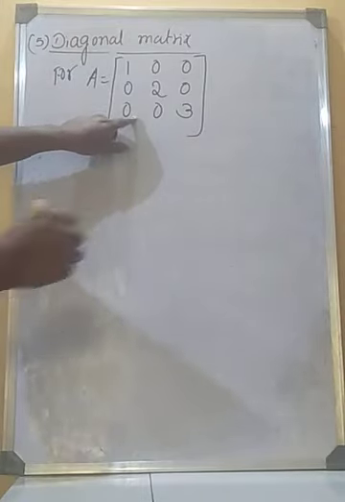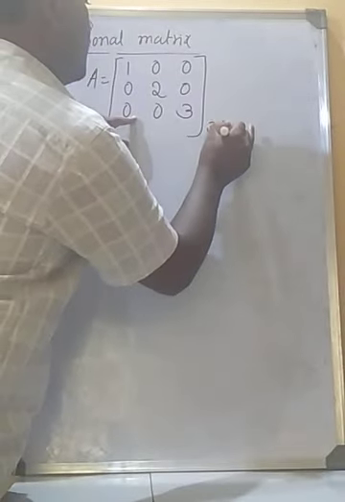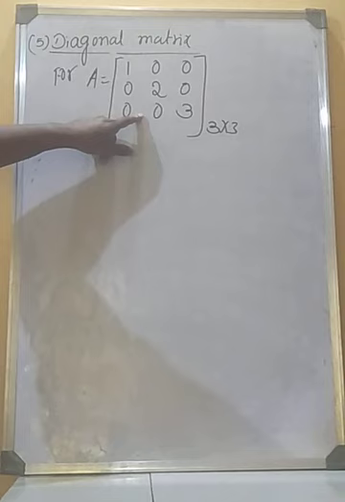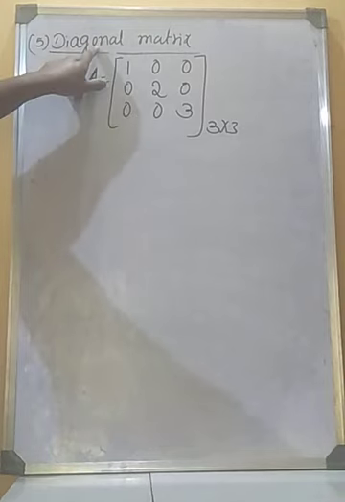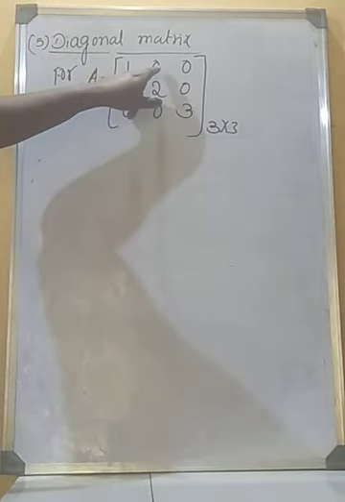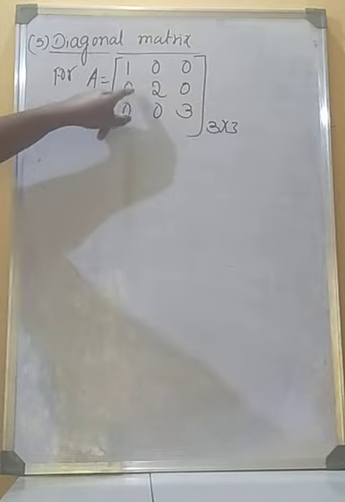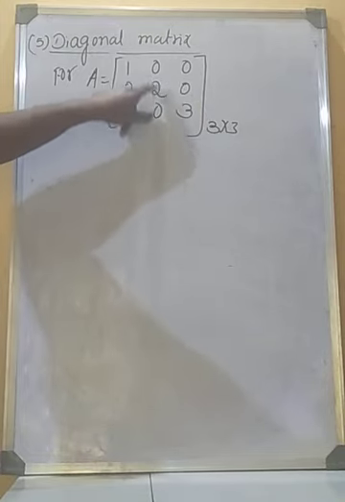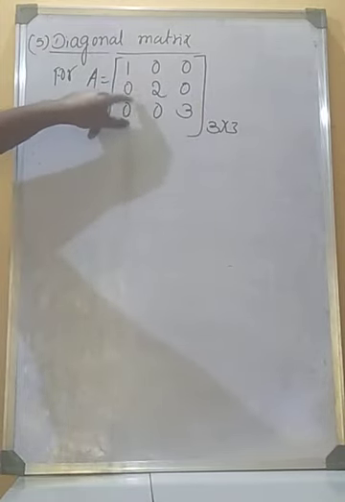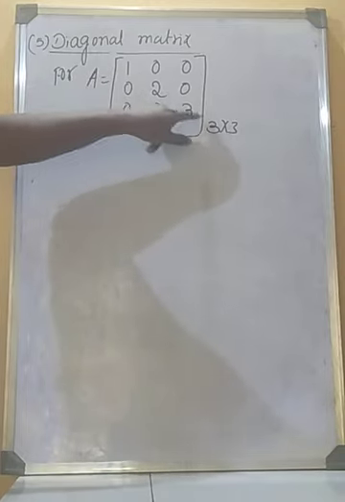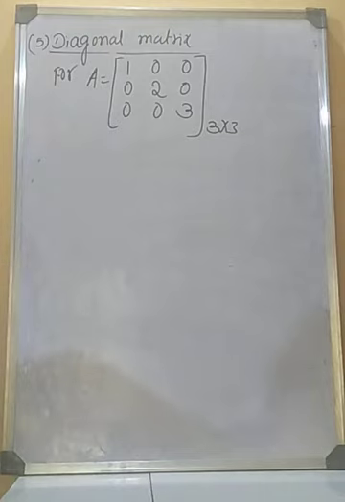This is an example of a diagonal matrix. It is a square matrix. A square matrix is said to be a diagonal matrix if all its non-diagonal elements are zeros. The non-diagonal elements here are 0, 0, 0, 0, and 1, 2, 3 are the principal diagonal elements.